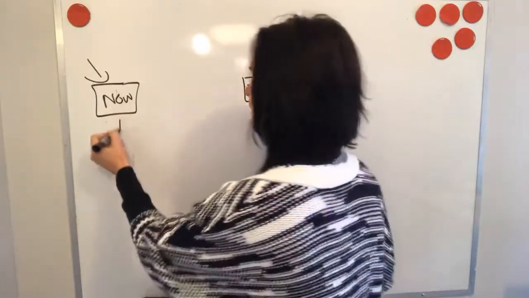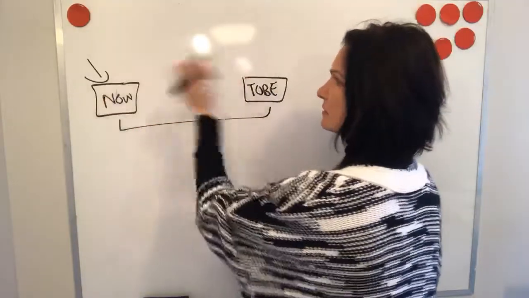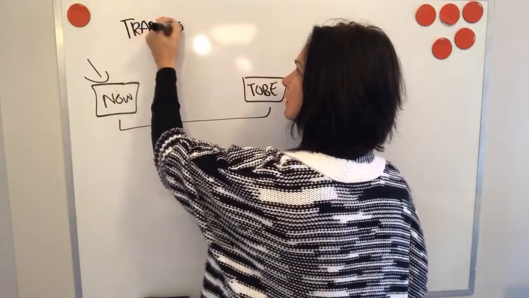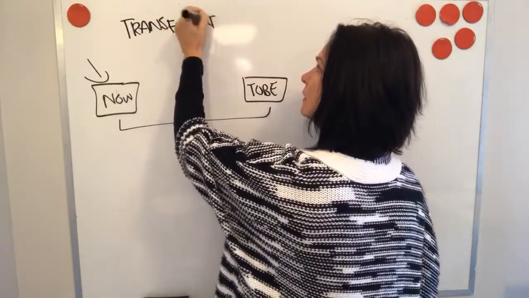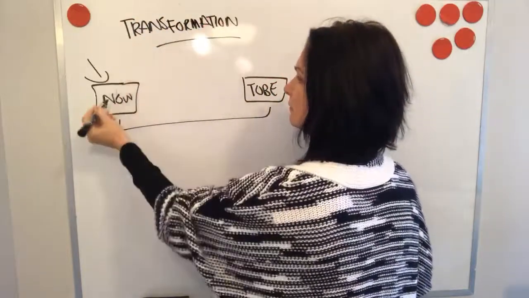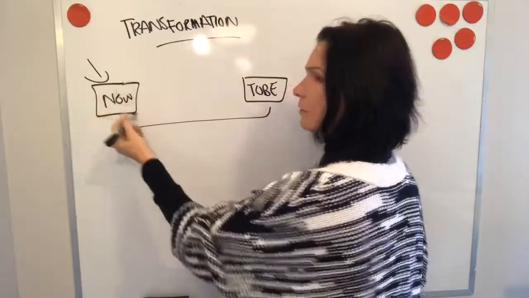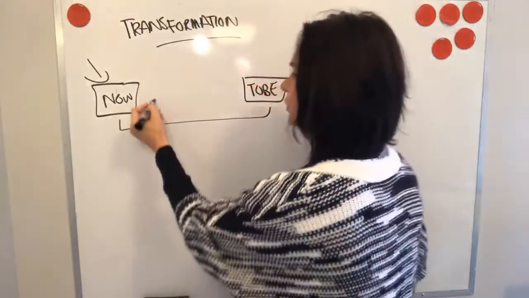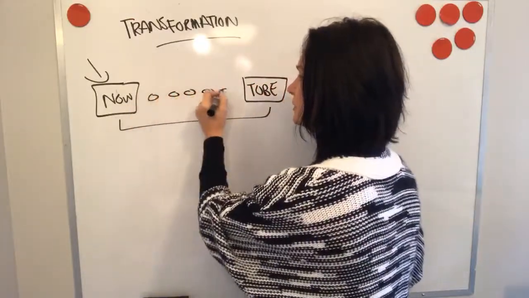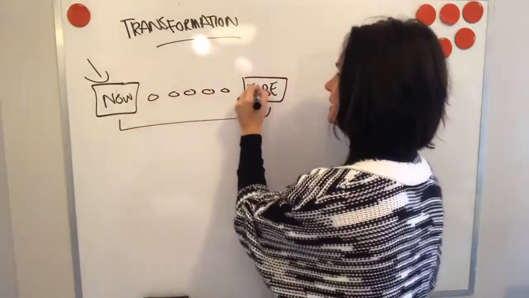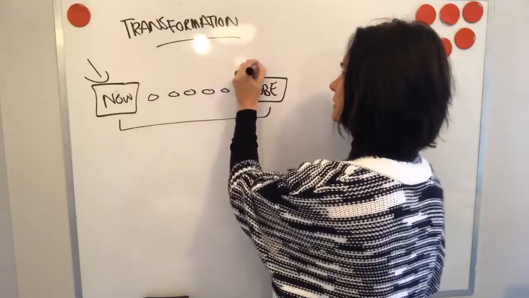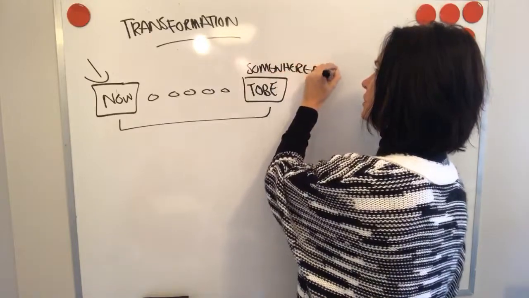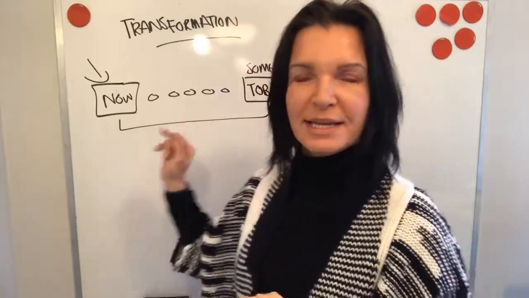So basically, this is what we call transformation. From the place they are now, the person they are now, the decisions that have gotten them to the now, to the decisions that will help them get to be somewhere else. New, somewhere awesome, better than today.